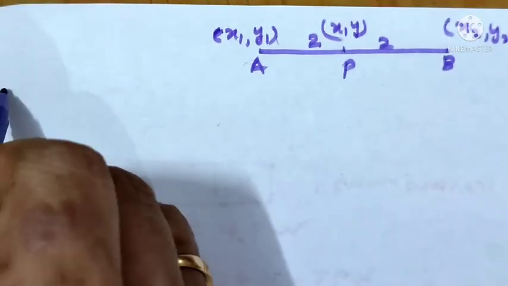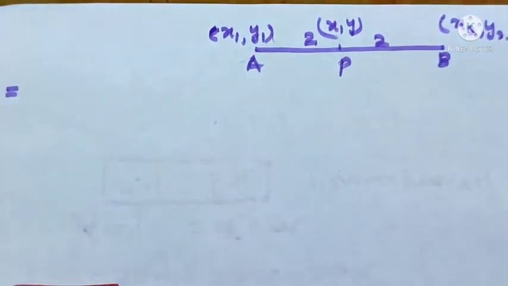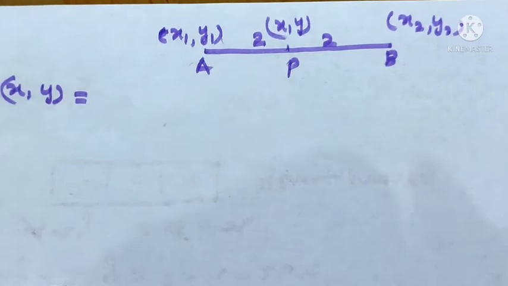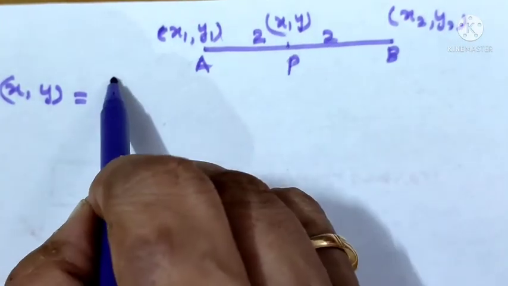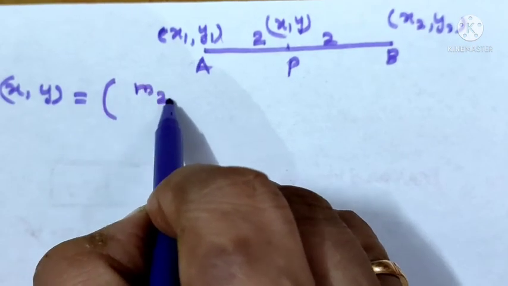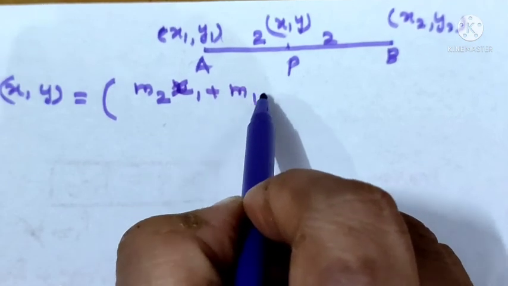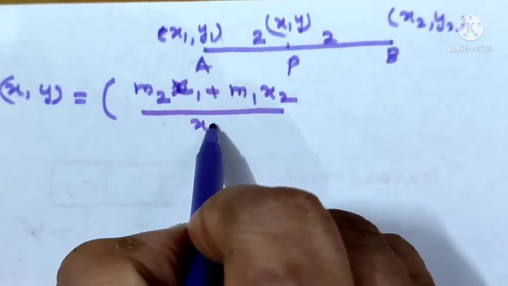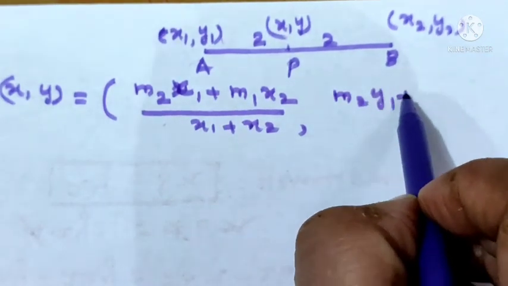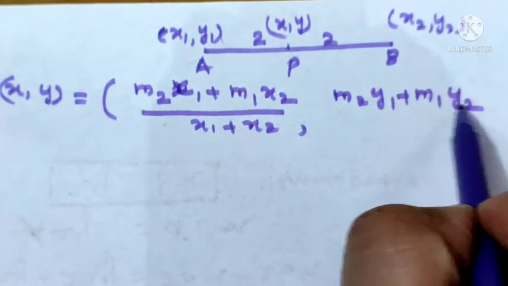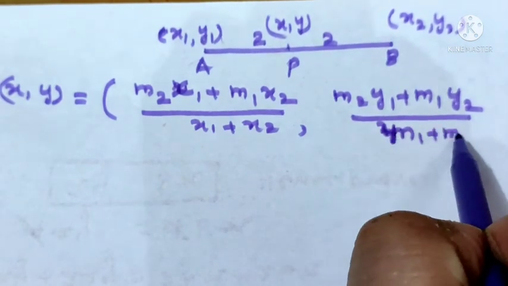So first I will write the section formula. x comma y equal to, right? But I should start with the second ratio, that is m2. I will write the general formula first. (m2 x1 + m1 x2)/(m1 + m2), (m2 y1 + m1 y2)/(m1 + m2).